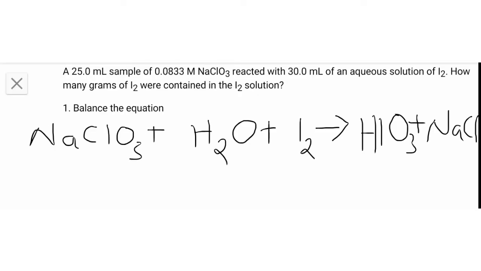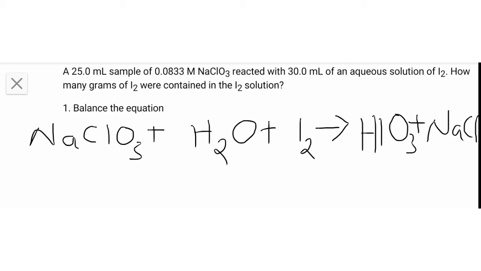Let's balance this equation. So for us to make sure that our equation is balanced, we have to make sure that the number of atoms on the reactant side are equal to the number of atoms on the product side. And when you're balancing an equation, start with any other element apart from hydrogen and oxygen. So balance oxygen last.